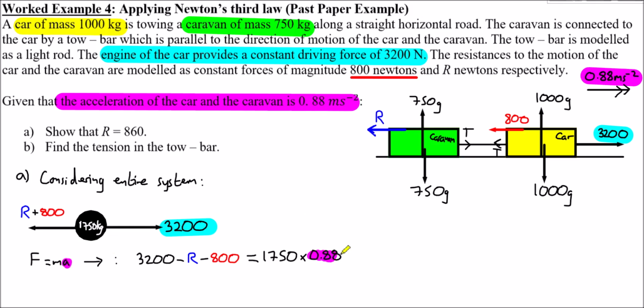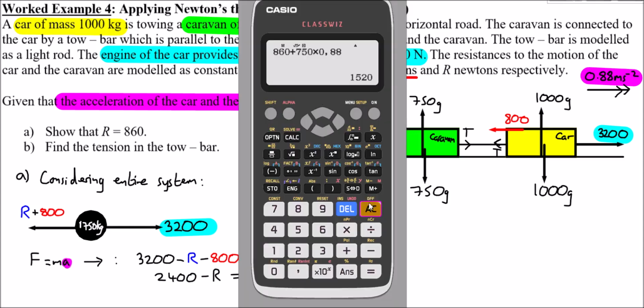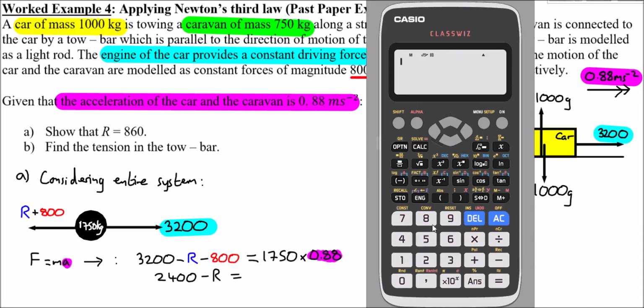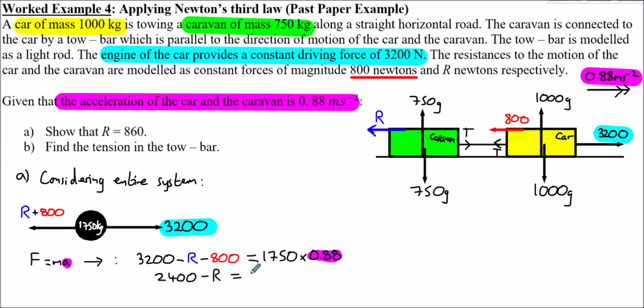So now it's just a case of simplifying this and working out what we can. So 3,200 minus 800, that's 2,400. So 2,400 minus R. And this number here, 1,750 times 0.88, that's 1,540.